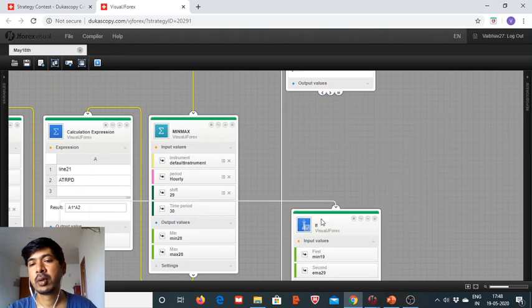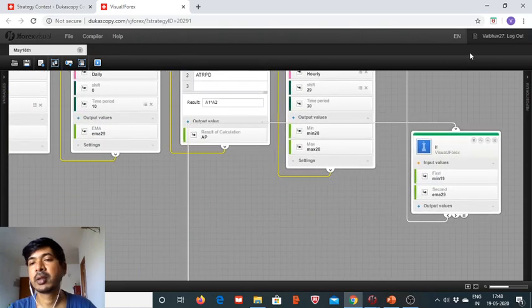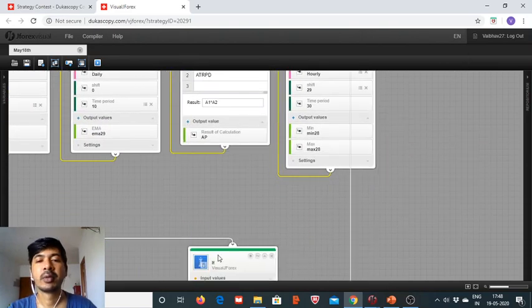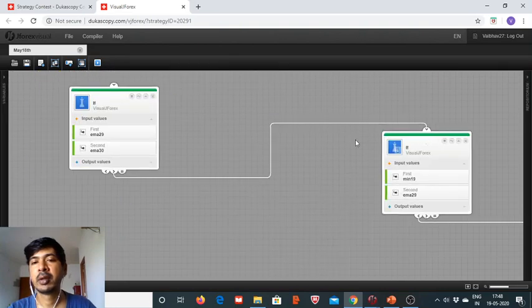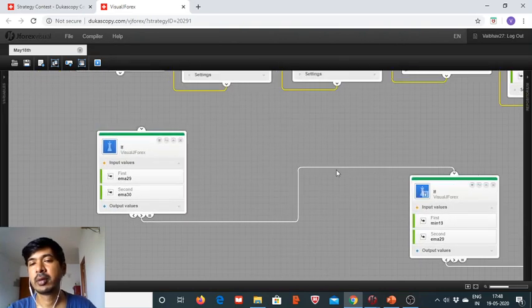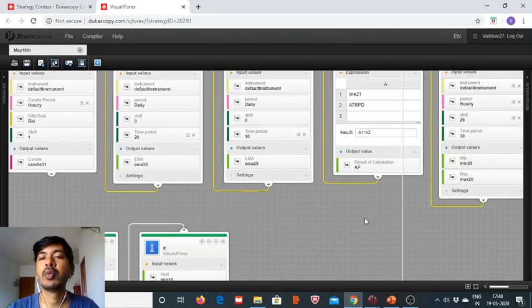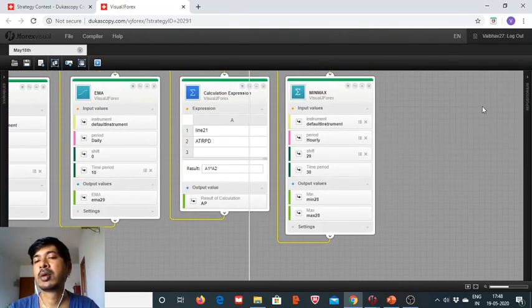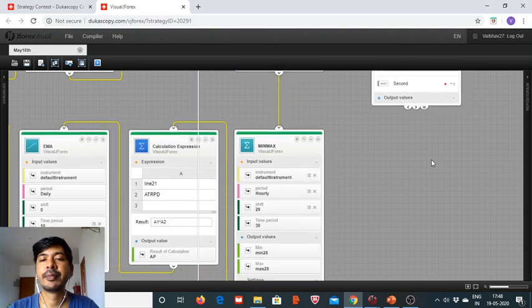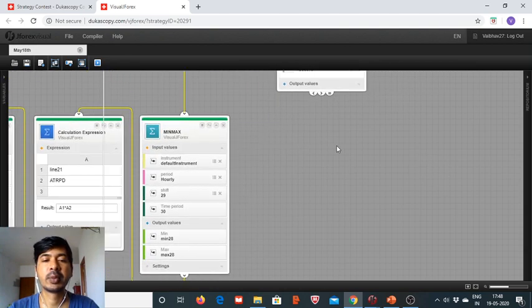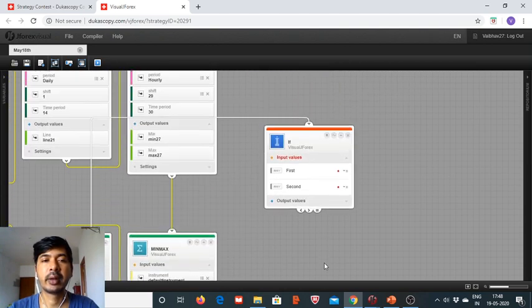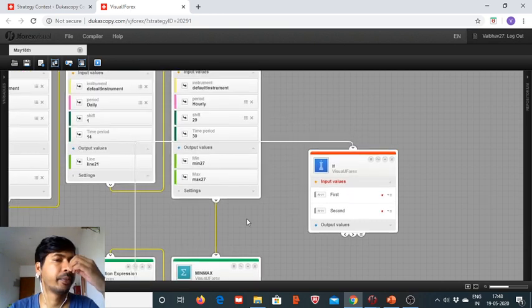Okay, now the EMA related conditions are fulfilled. We will now need to bring in two MinMax blocks with shift 29, and here we have them.